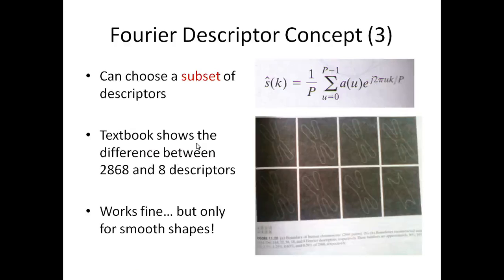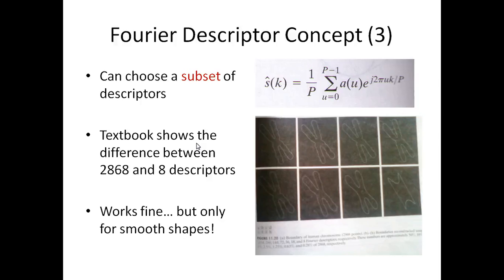Now, the other cool thing about this is you can choose a subset of the descriptors. You don't have to use all of them. You can choose some p less than k that gives you the Fourier transform. Well, it gives you a set of descriptors that can be basically restored to the original image or something close to it.